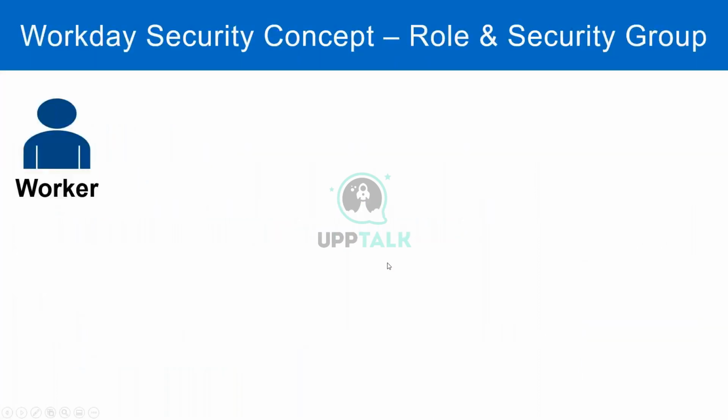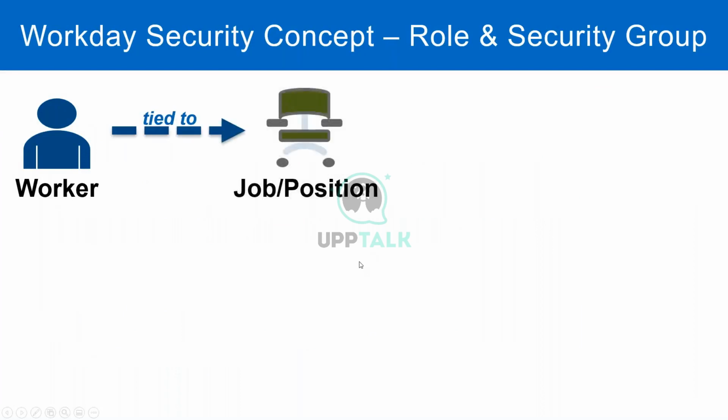What did we talk about? We quickly looked at this, where we said that the worker is tied to a job or a position. I gave you an example: if a worker changes position, what happens? Do they continue to keep the permissions of the previous position? No. They get the new set of permissions associated with the new position or the new role, whatever they are taking up, because the role is tied to the position.